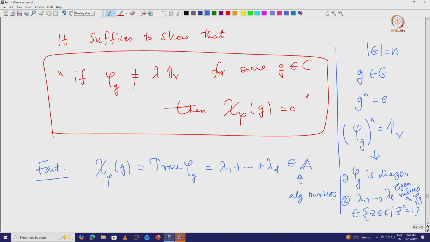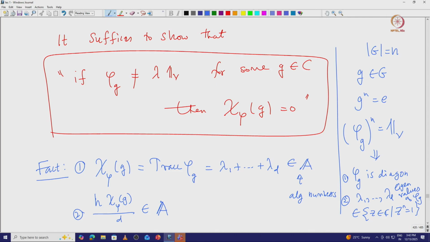Not only that, we also proved something about this ratio: h times chi phi of g divided by d is also an algebraic integer. We are going to use these facts now.